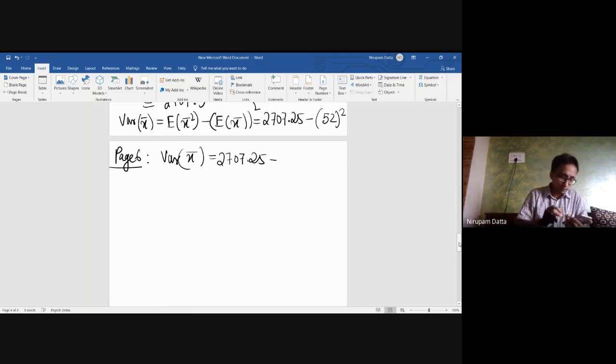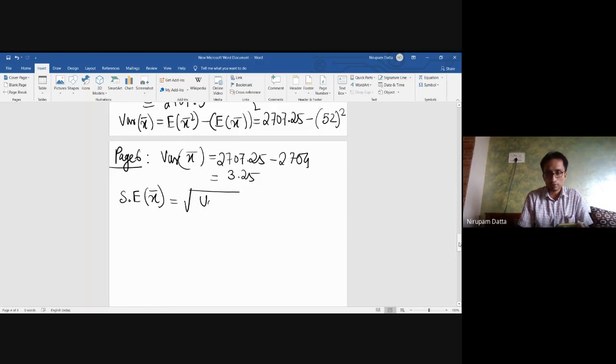So let us find what is 52 square. 2704. So we are now getting this as 3.25. Now we'll have to find the standard error of this sample mean, which is nothing but root over variance of X bar. So this is nothing but root over 3.25, and what do we get?